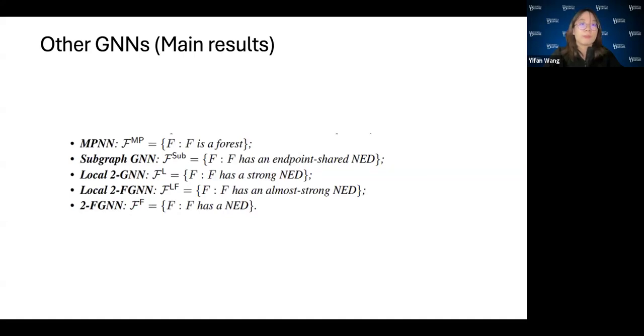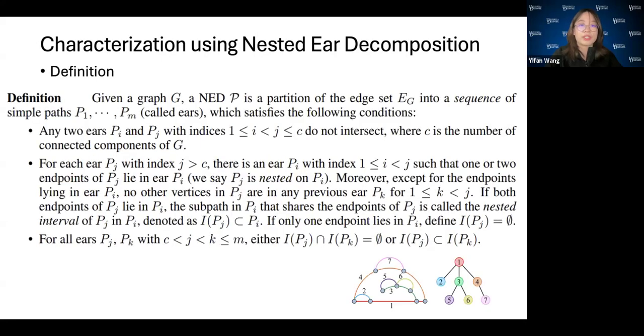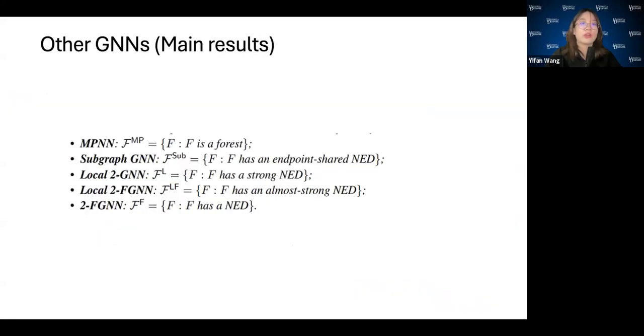Okay, so given this nested ear decomposition, this paper further applies their framework to more graph neural network architectures, such as local graph networks and FWL graph neural networks.